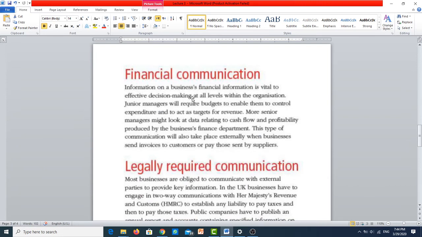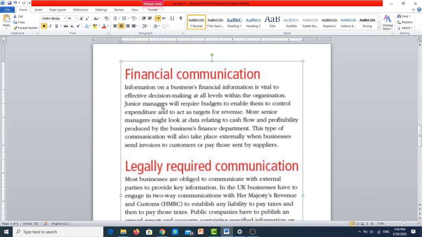The next one is financial communication. Information based upon finance is the most important and plays a vital role in decision making at all levels. The finance managers and the accountants are the key people who maintain the finance.